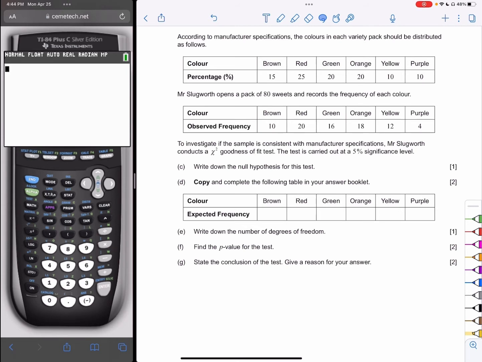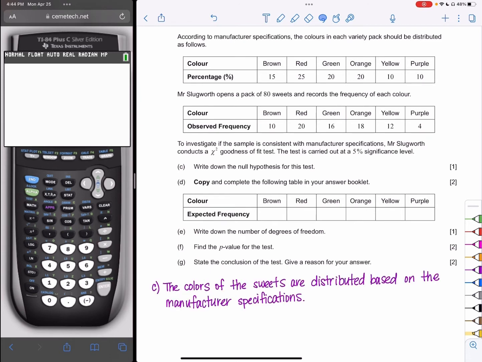The test is carried out at a 5% significance level. So part C, they want us to write down the null hypothesis for this test. The null hypothesis is basically going to say that nothing is changing. In other words, it's saying that the colors of the sweets are going to be based off of the manufacturer's specifications.